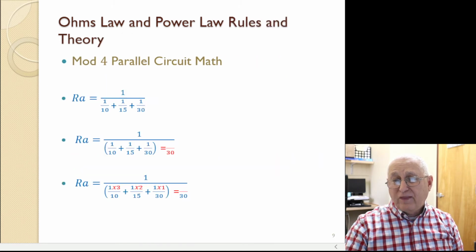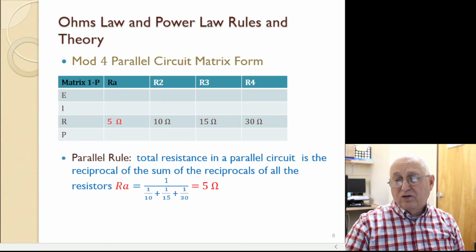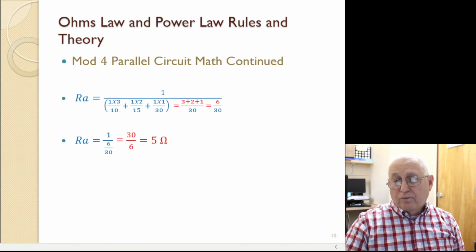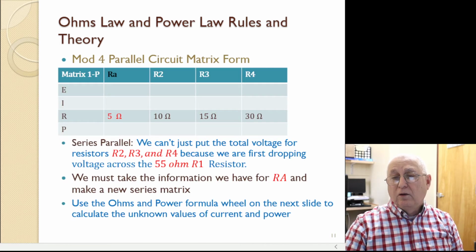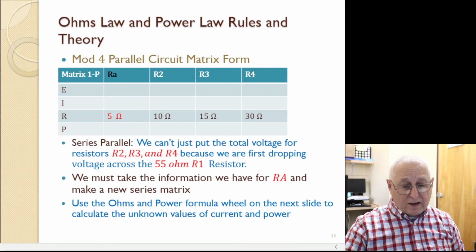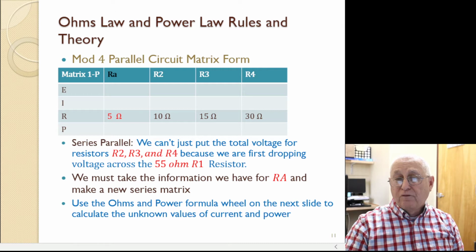I can't put that there because this is going to change. I have 120 volts dropping. I can't figure that I'm going to drop so much voltage on the 55 ohm resistor because I must know this value before I can find out the proportional drop for each of them.